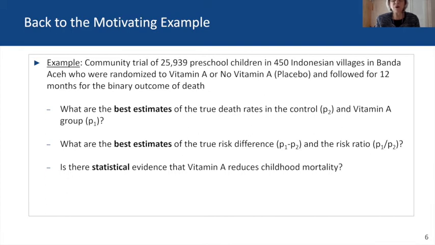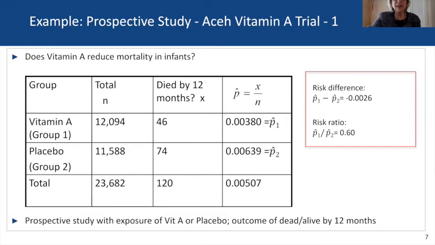So this is a prospective study design, and we'll be asking the question of what are the best estimates of the true death rates or true death proportions in both the vitamin A and non-vitamin A groups. What are the best estimates of the true risk difference and risk ratio? And is there statistical evidence that vitamin A reduces childhood mortality? So here are the data from this trial.